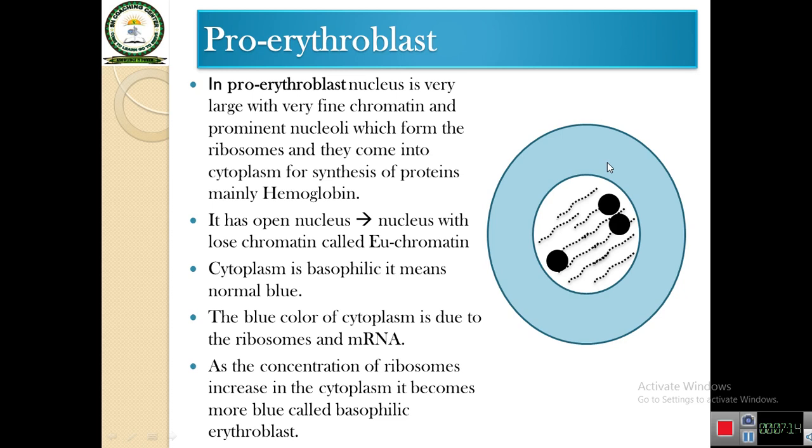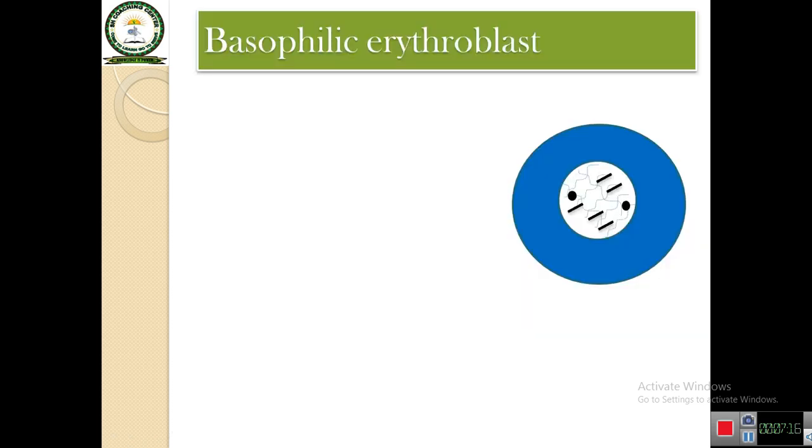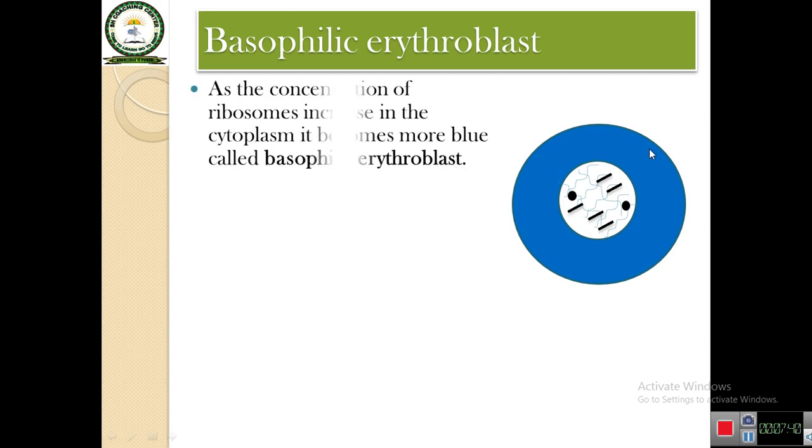Now come to the basophilic erythroblast. In this stage, you will find that some heterochromatin appears, and the color of the cytoplasm is much blue due to the high concentration of ribosomes. The size of the nucleus is also reduced, and the whole cell is also smaller than the proerythroblast.